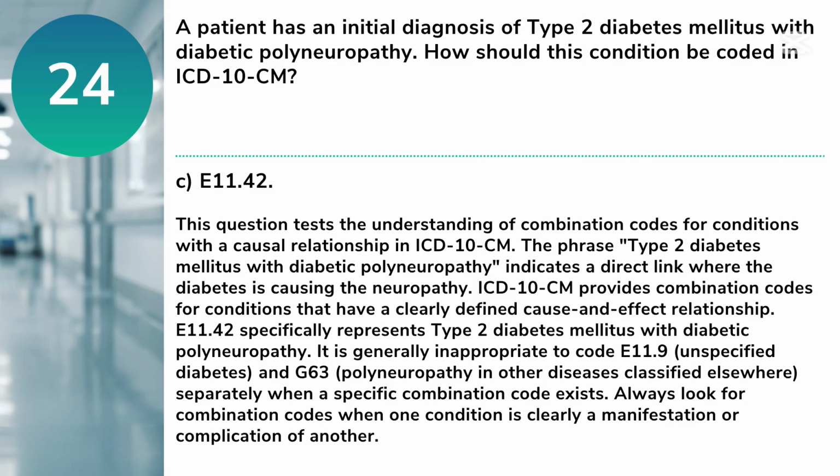E11.42 specifically represents type 2 diabetes mellitus with diabetic polyneuropathy. It is generally inappropriate to code E11.9, unspecified diabetes, and G63, polyneuropathy in other diseases classified elsewhere, separately when a specific combination code exists. Always look for combination codes when one condition is clearly a manifestation or complication of another.